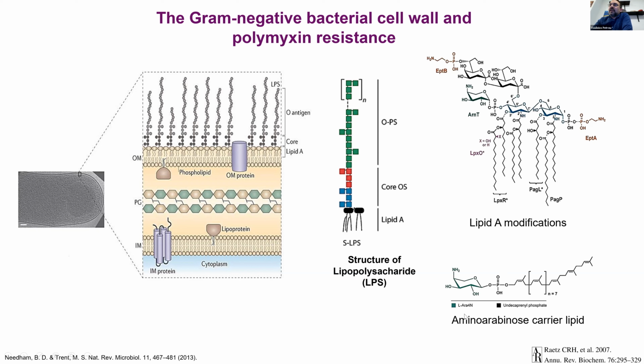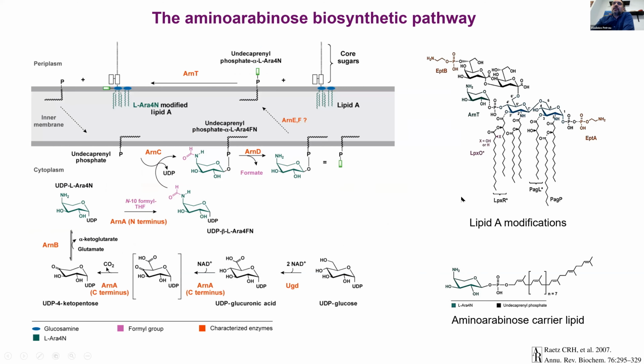There are a couple of modifications. We are particularly interested in the modification by aminoarabinose. The reason is that it also helps bacteria evade more natural cationic peptides. It's an evolutionarily conserved mechanism against antimicrobial peptides, essentially.